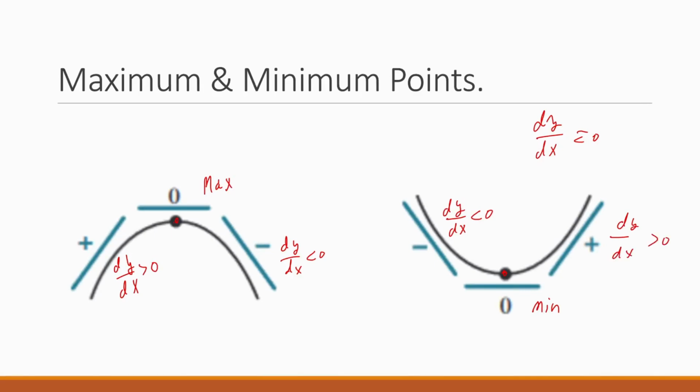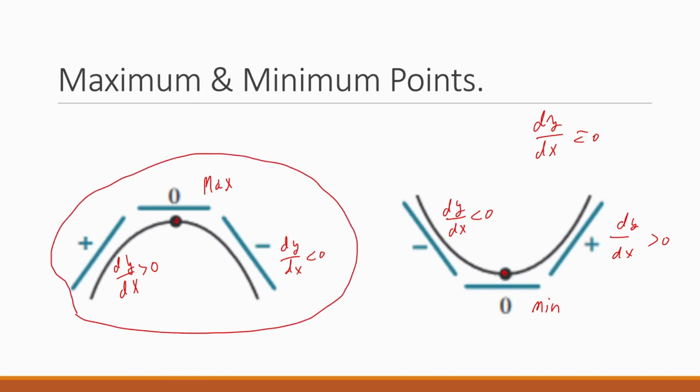So we are supposed to relate this concept with the concept of second derivatives. As you already know, second derivatives are known as the rate of change of gradient or the rate of change of dy over dx. So let's discuss the overall change on the left hand side graph. As you can see, I've circled it. So what is the change happening? You can see the gradient is going from a positive value to a negative value.